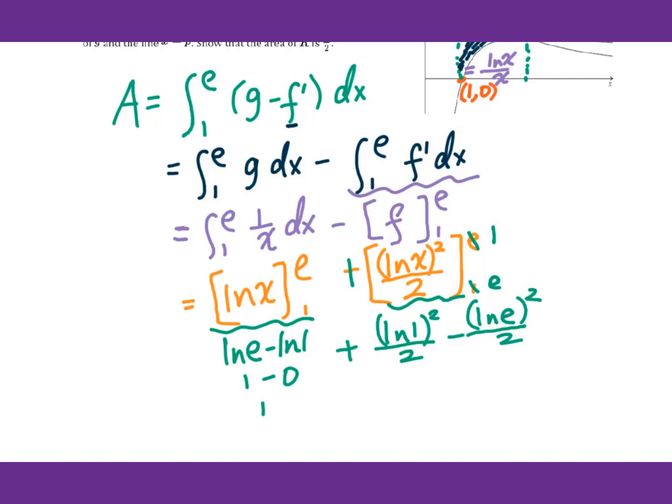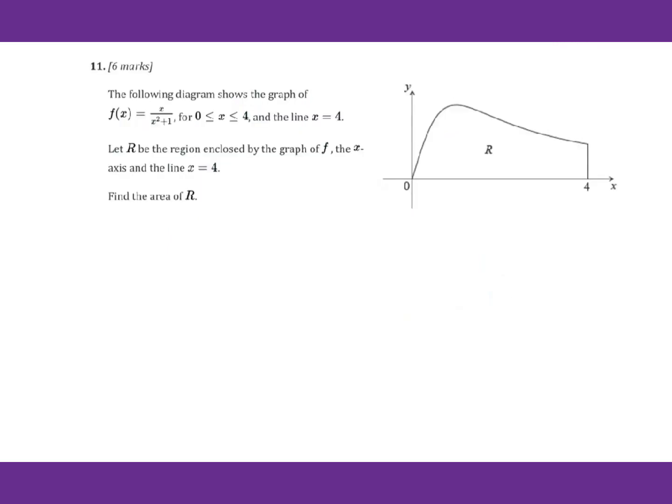This is plus. This will be 0 minus 1 over 2. So you get 1 plus 0 minus 1/2 equals 1 over 2. Now we finish proving. Let's go to number 11.